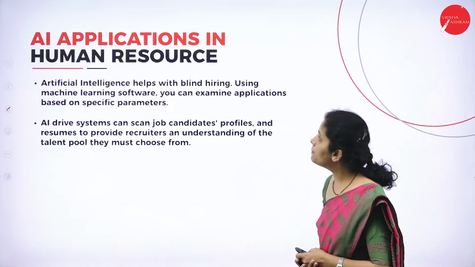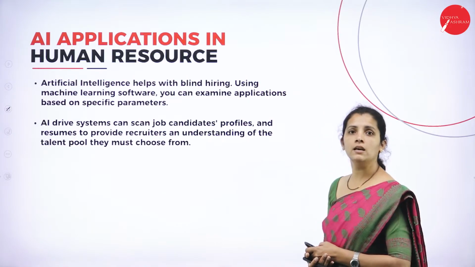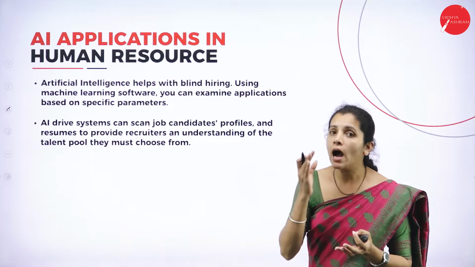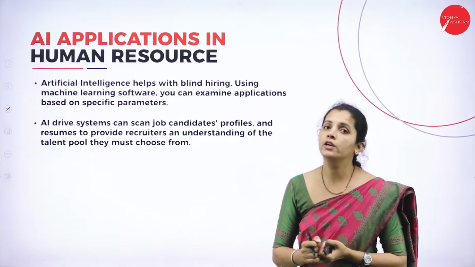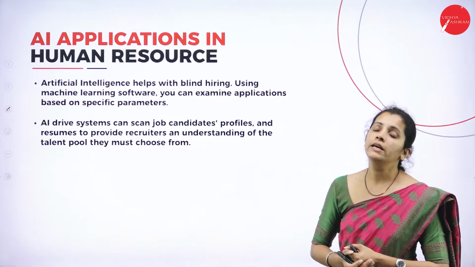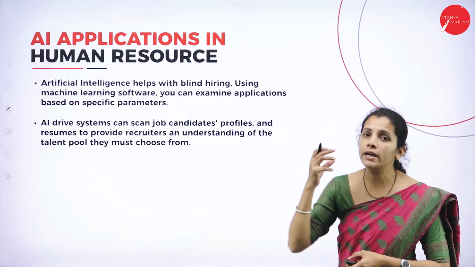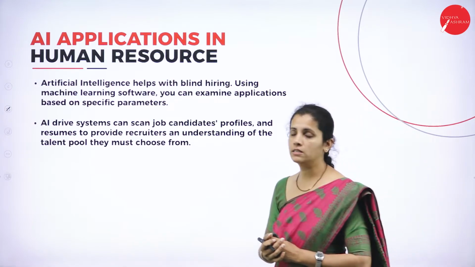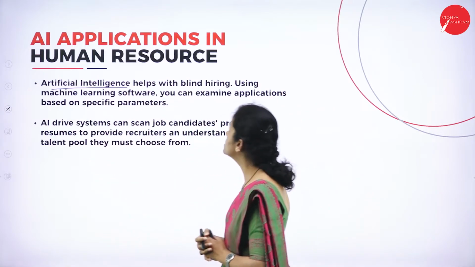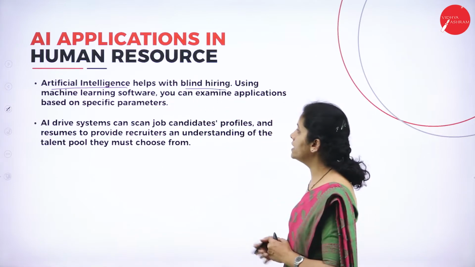Now, AI application in human resources. So dear student, here artificial intelligence is used to hire employees. Even it is mainly used to train the employees. Artificial intelligence helps with blind hiring.